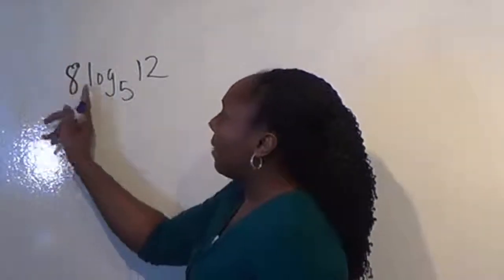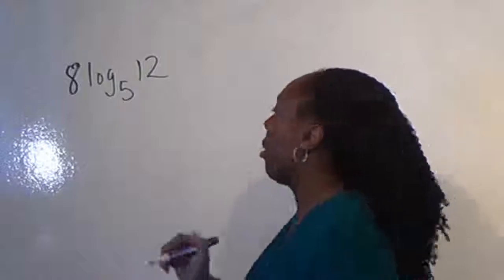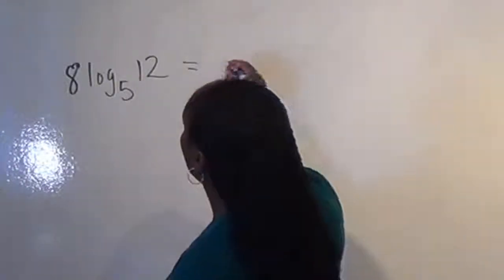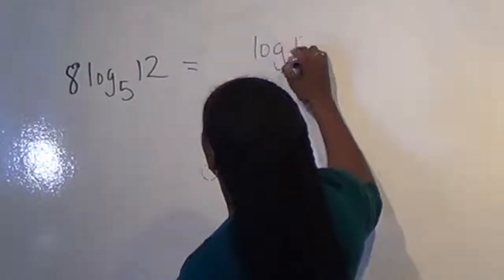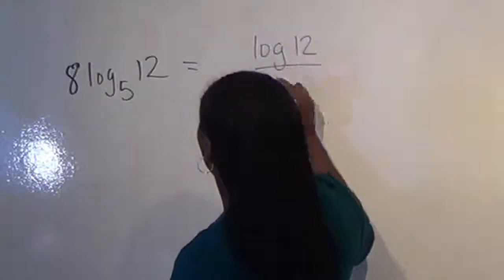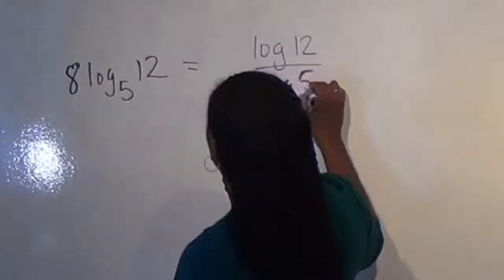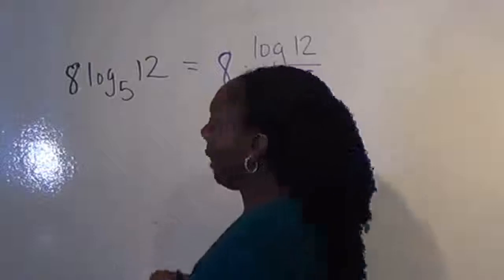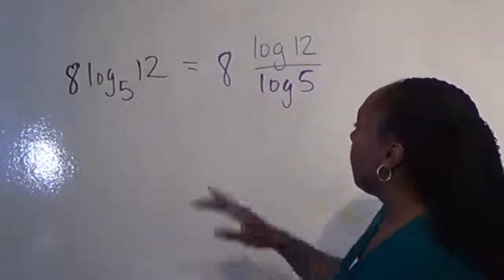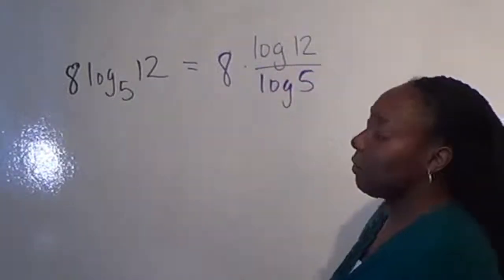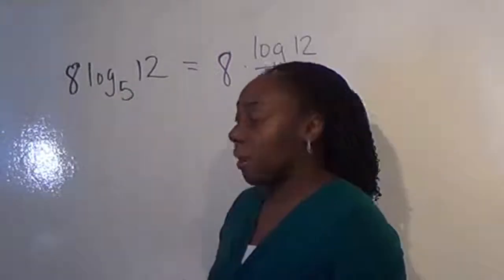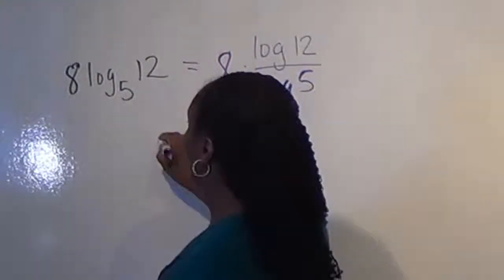The 8 that's out front just gets carried along. So here I can think of this as log base 12 of 5, log of 12 over log of 5, and then I'm just going to multiply by 8 out front. And if you like, you can think 8 log of 12 over log of 5, and it doesn't matter which way you write that, you'll get the same thing.